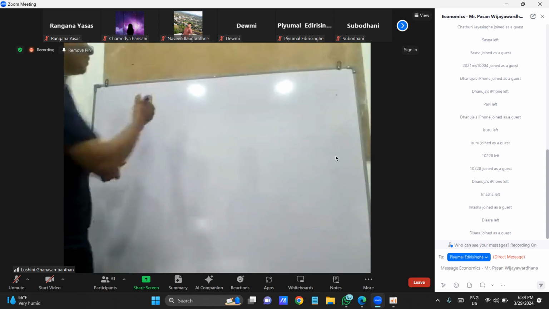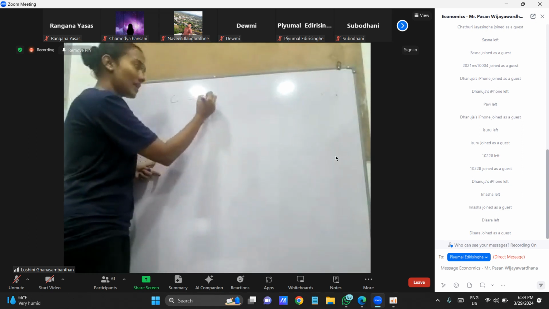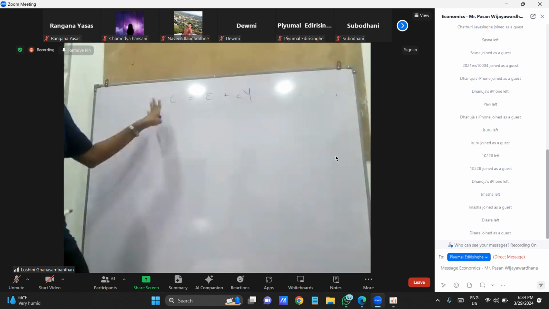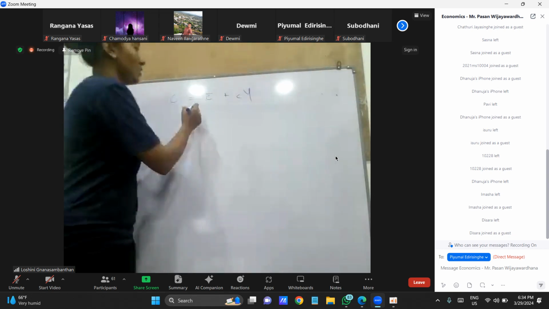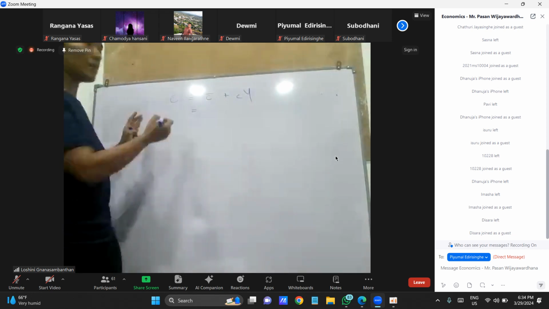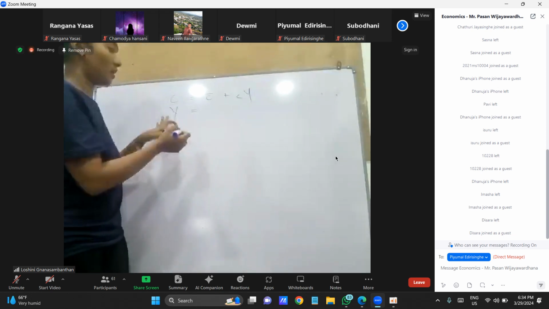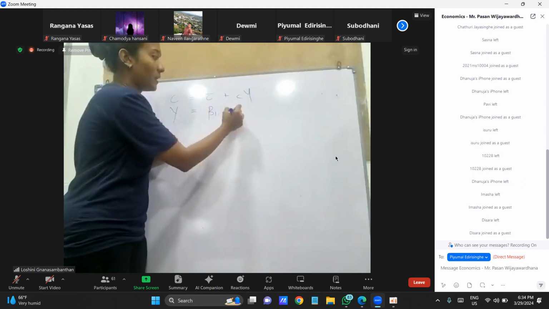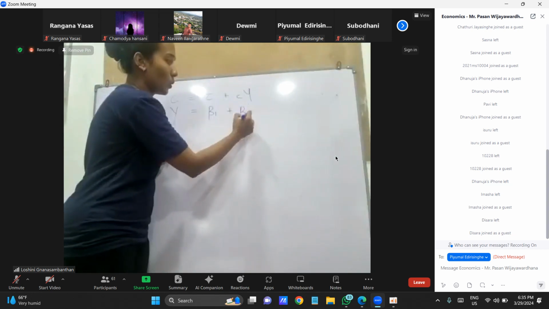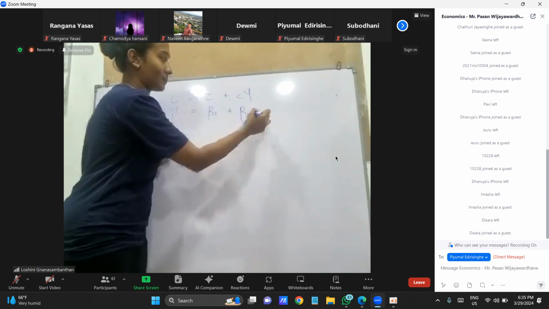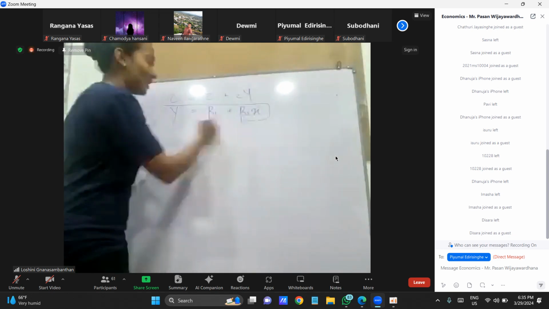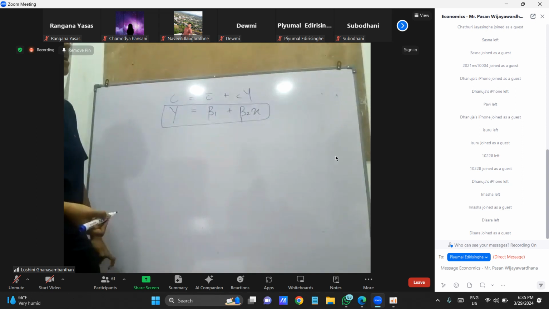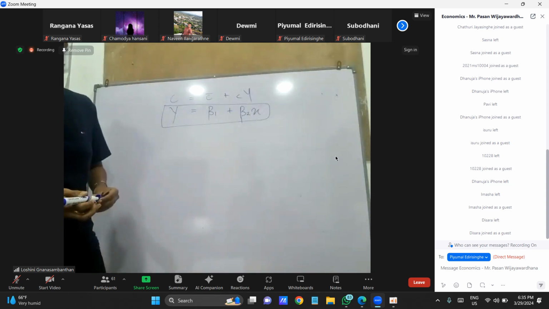So in regression, if we write it in a regression model, it's y, the dependent variable, equals beta 1 plus beta 2, and so on. If we write it in the standard model, right?